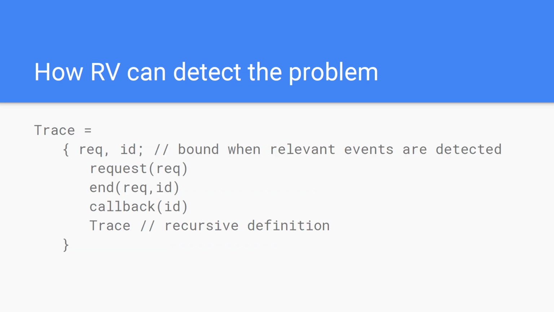And here is the formalization. You have to introduce these two variables that are bound when the relevant events are detected, and this accounts for the fact that our specification is parametric.